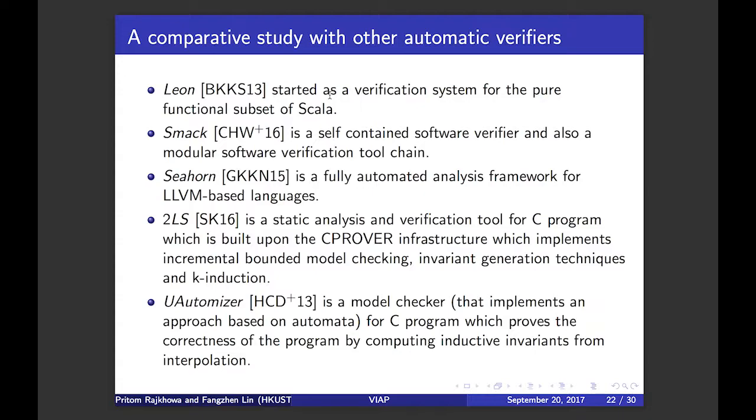CPAchecker, L2S is a static analysis and verification tool for programs, built upon a C prover infrastructure which implements incremental bounded model checking and invariant generation techniques and k-induction. And Ultimate Automizer is a model checker designed for C programs which proves the correctness of the program by computing the inductive invariant from interpolation.